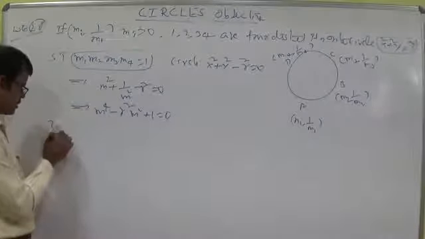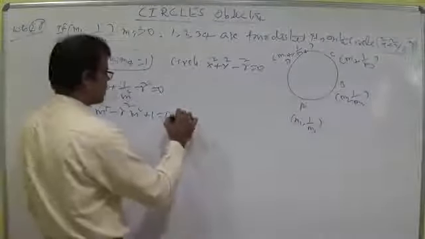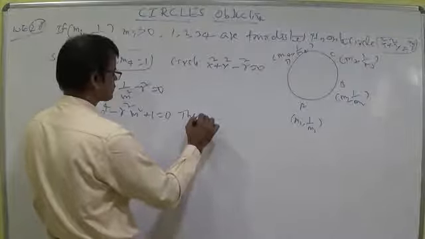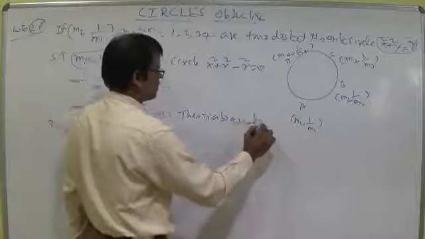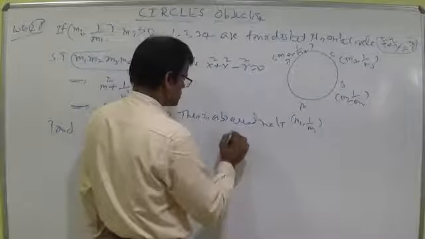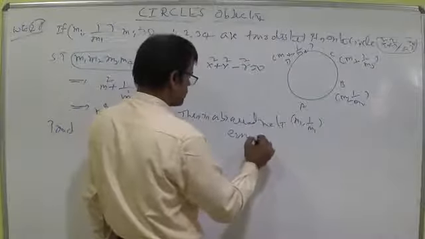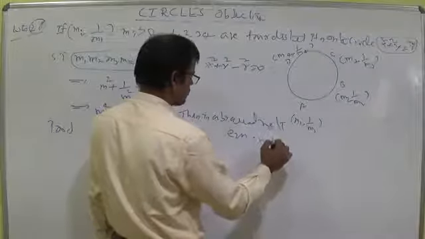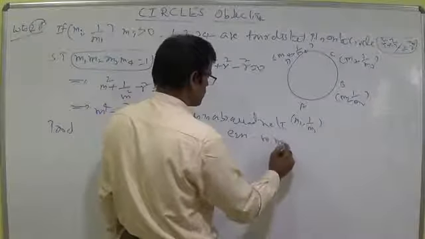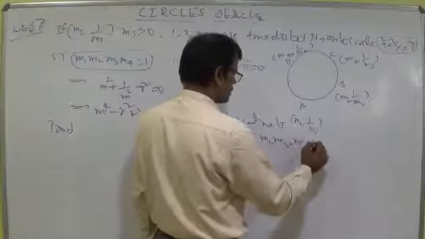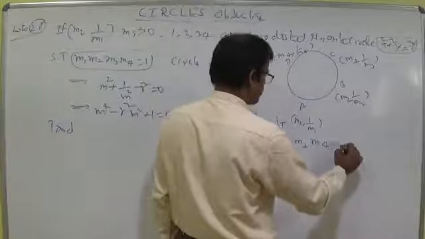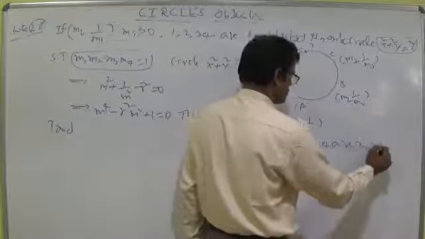Now this is a biquadratic equation. Therefore, m1, m2, m3, m4 are the roots.